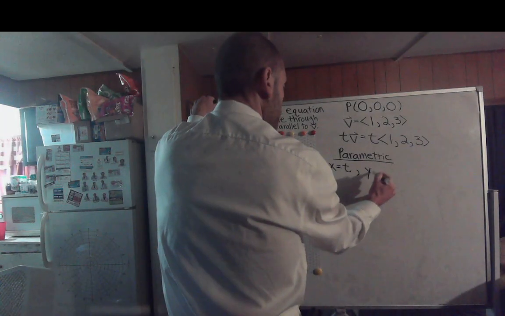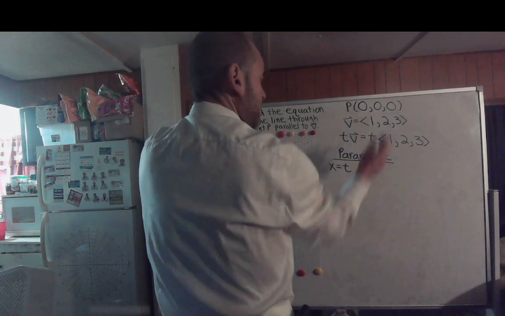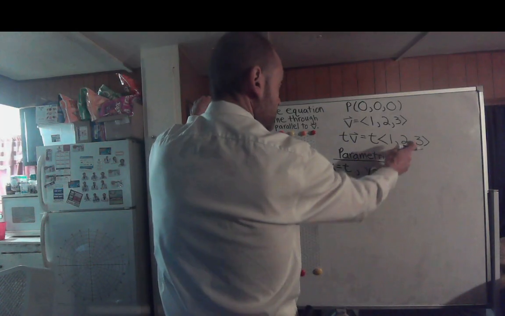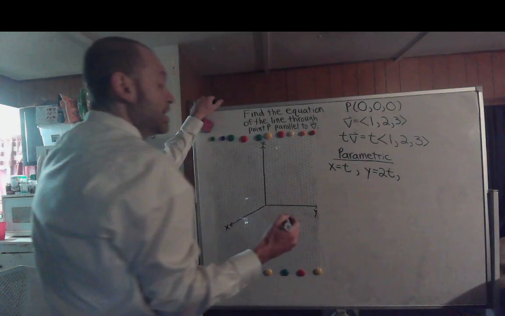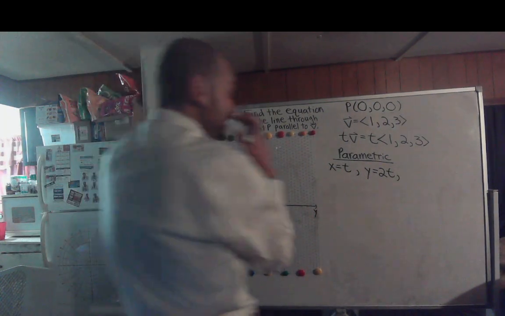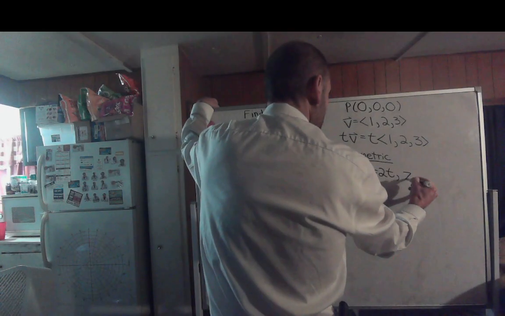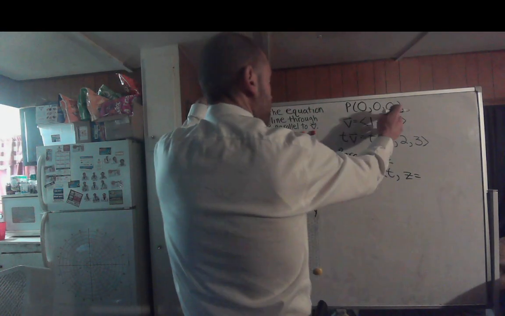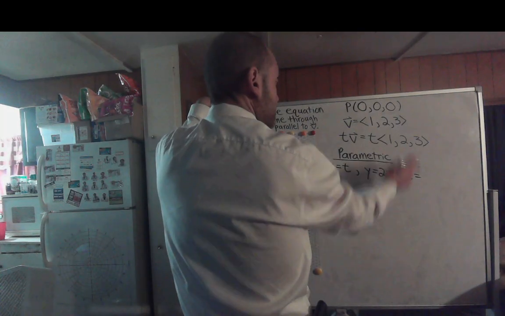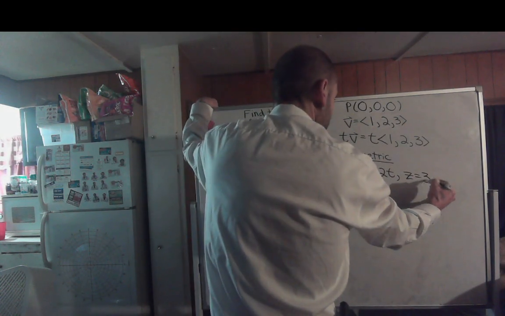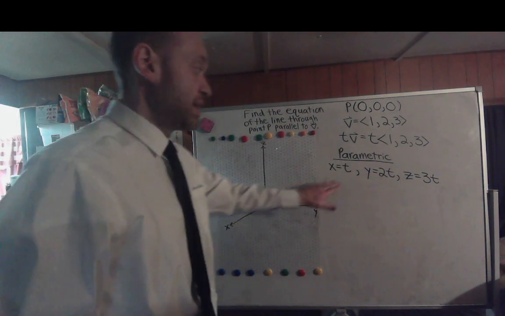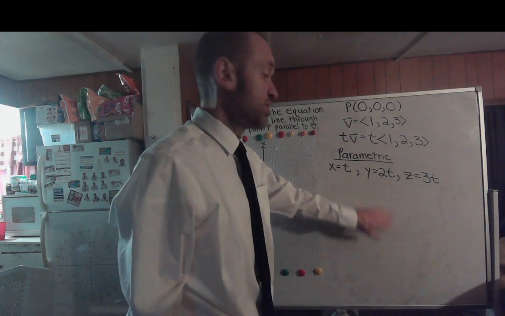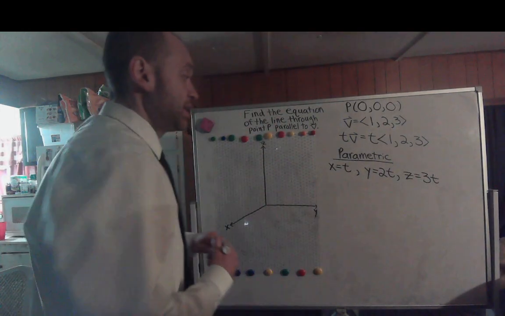Y would equal that y in the point P, which is 0, plus 2 times t, or simply 2t. And then z is going to equal that 0 from point P plus 3 times t, or simply 3t. So your parametric equations end up being x equals t, y equals 2t, z equals 3t.